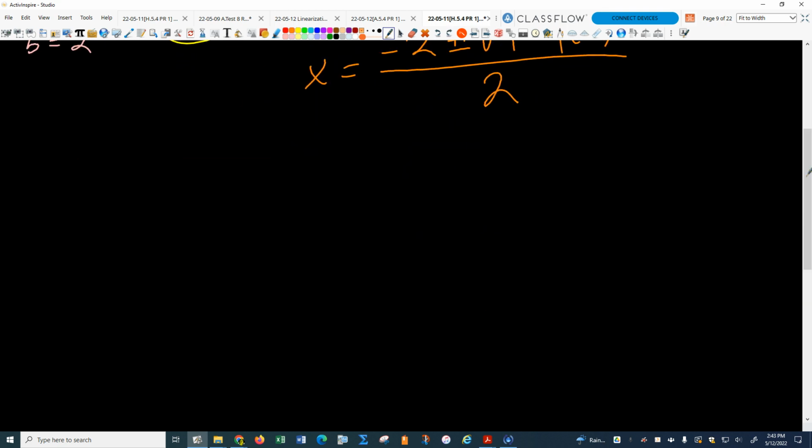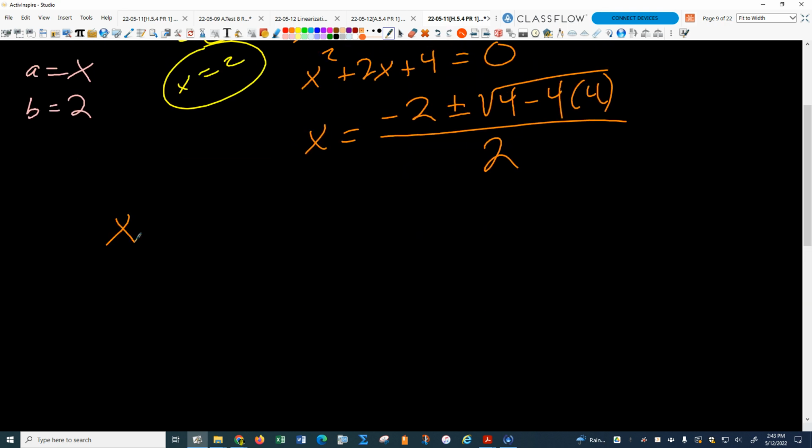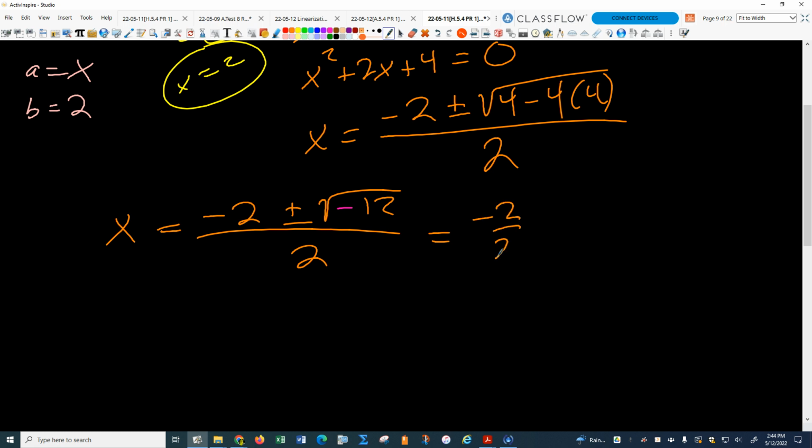So I'm just going to go fast because we're getting close to the end. That's giving me negative 2 plus or minus the square root of negative 12, over 2. So if I split up my denominator, that's giving me negative 2 over 2 plus or minus.